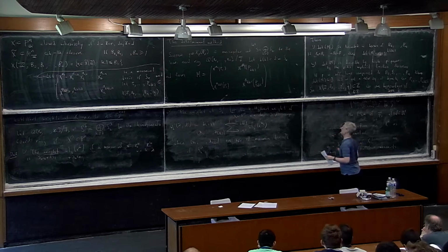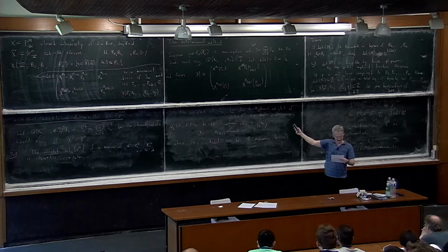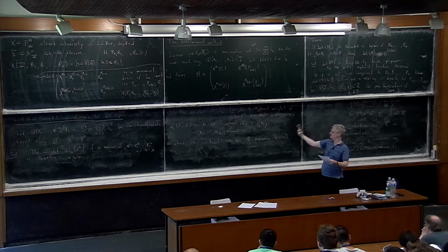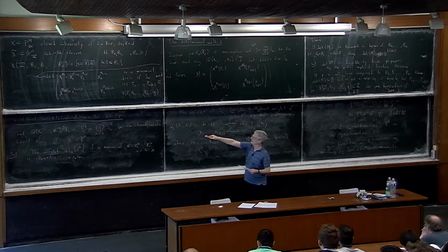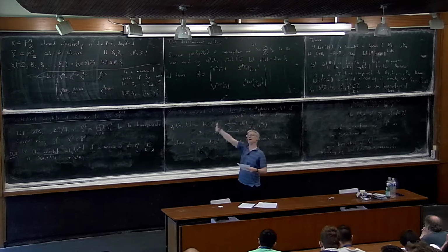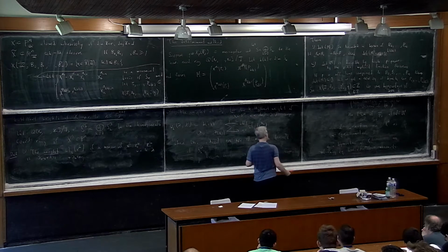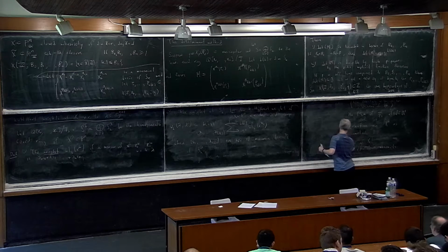And the Chow weight of this deformed variety is the same as the Chow weight of the original variety. And also the Hilbert functions. And you can also relate monomial bases of x, which are minimal, to monomial bases of this deformed variety. So this is an important technique to do this transition.